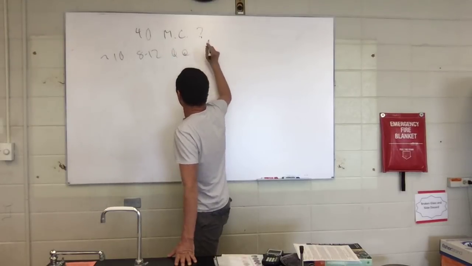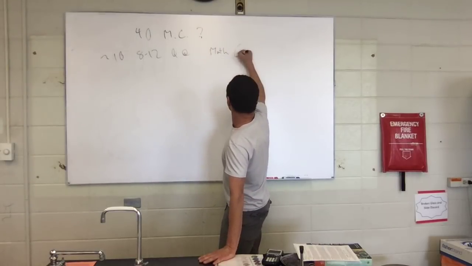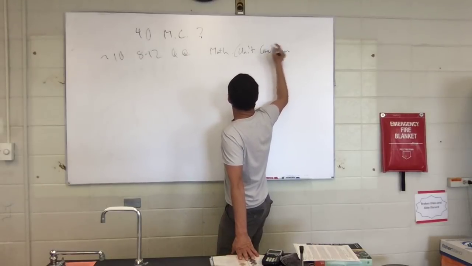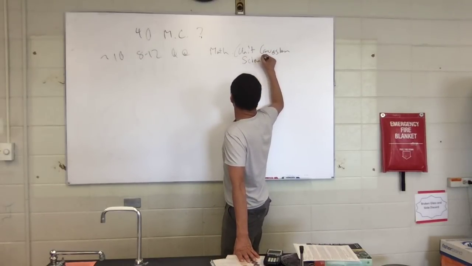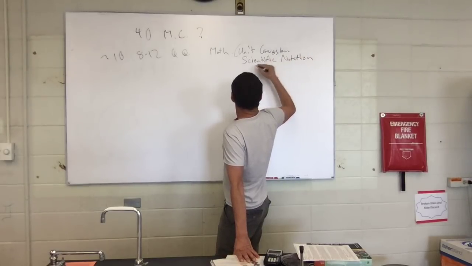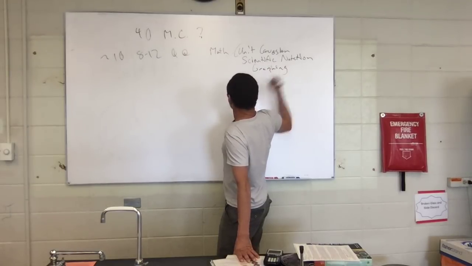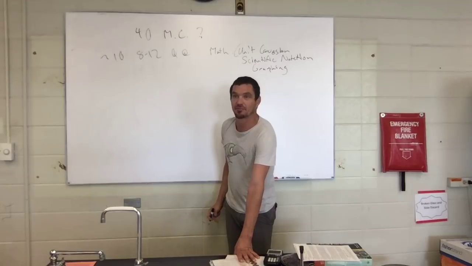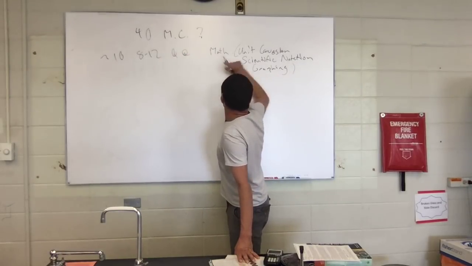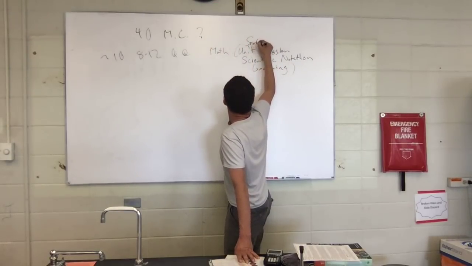This first one would be math, which would include unit conversion, scientific notation, and graphing stuff, like not you making a graph, but you reading a graph. So we have about a quarter of the test about this stuff. This might also include serial dilutions.